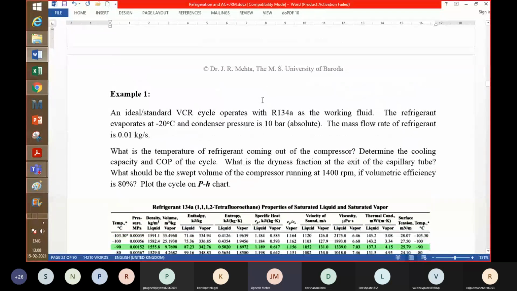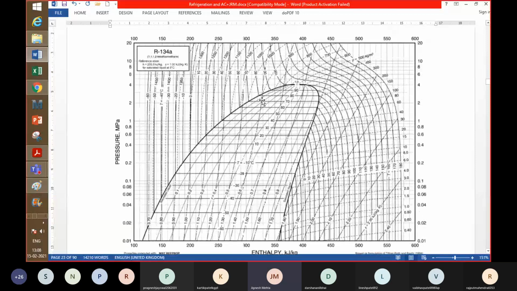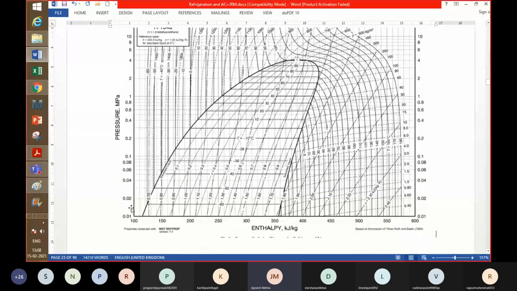And we have solved this problem using the tables, but the same problem can also be solved using the pH diagram. Of course, with the pH diagram the resolution would not be that good. For example, as you can see here, the pressure itself is given on a log scale.